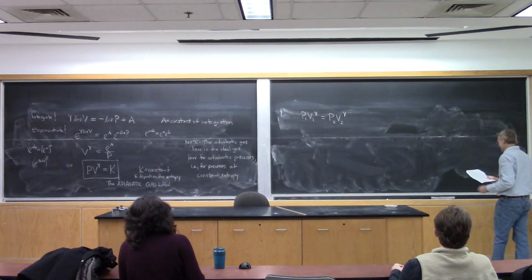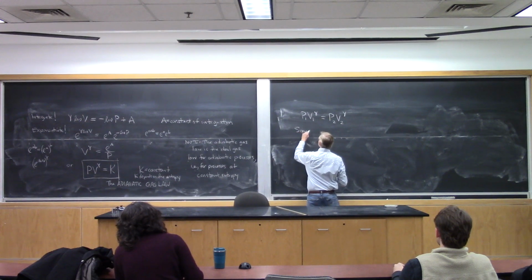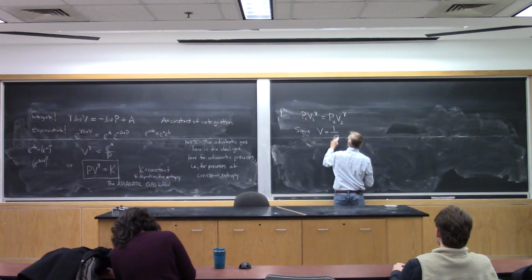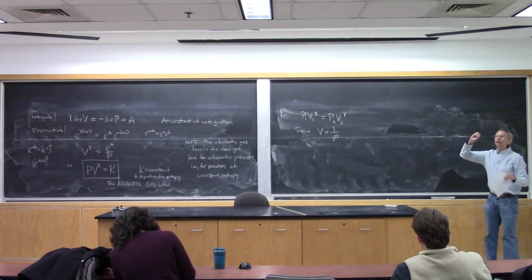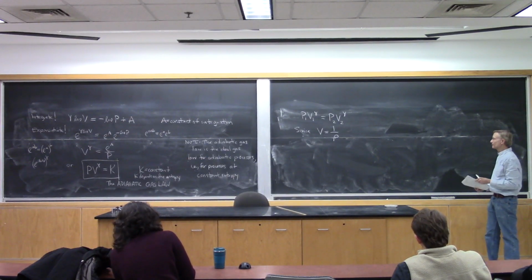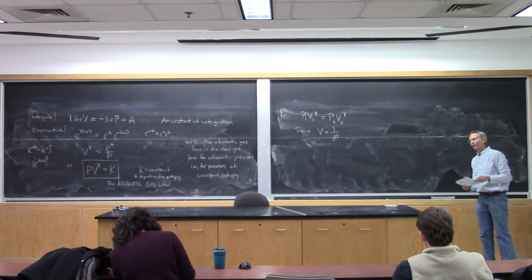Okay. So, since V is 1 over rho, and again, it's not generally true that V is 1 over rho, but if we're talking about the volume per unit mass, that's the reciprocal of the density, because the density is the mass per unit volume.